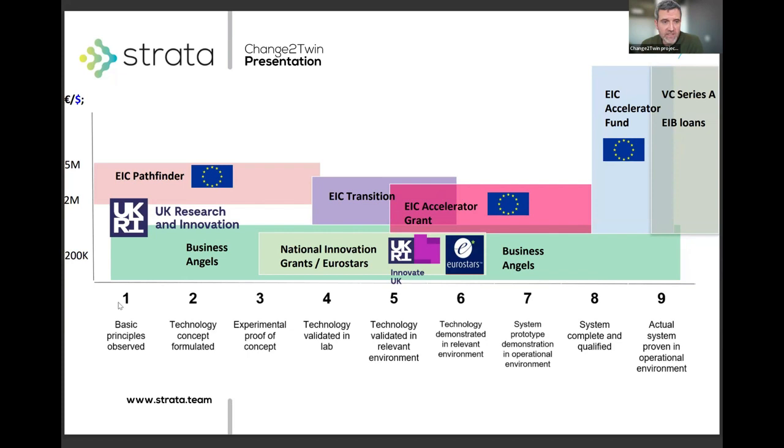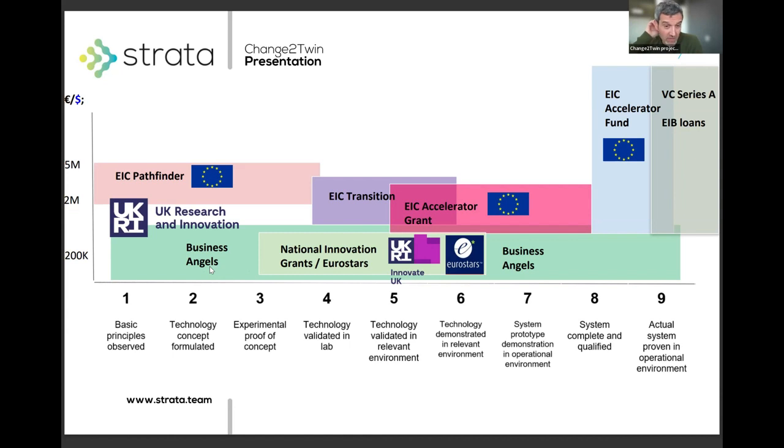So for instance, on the Y axis, you have an estimate of how much money you can get, more or less. So when you are basically in the low range of the capital that you can acquire, you can go for business angels.